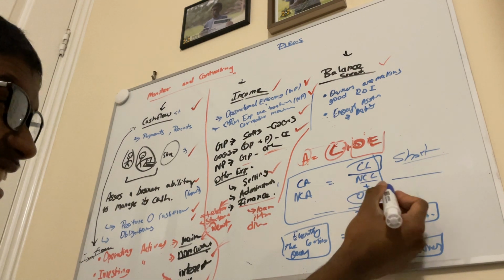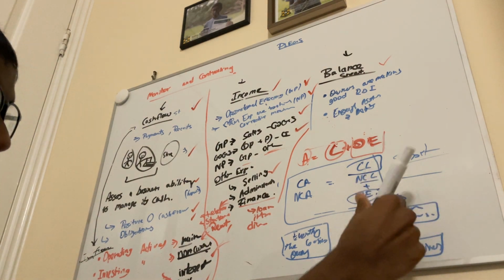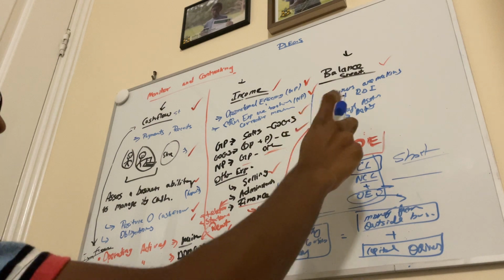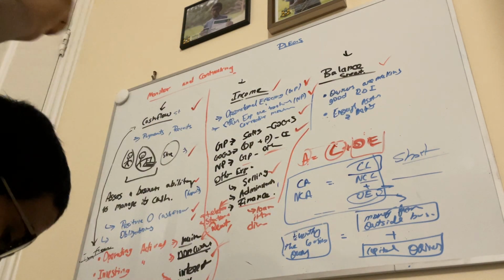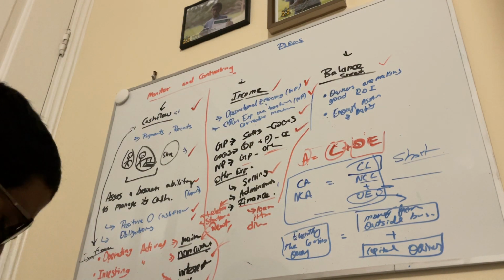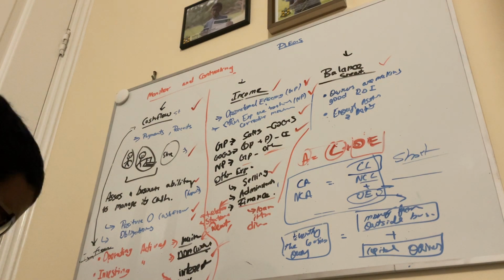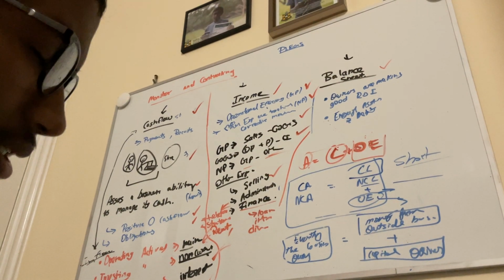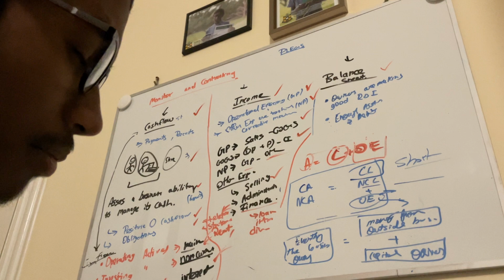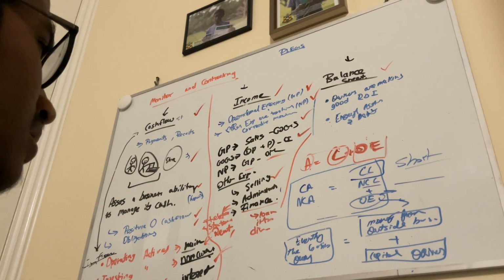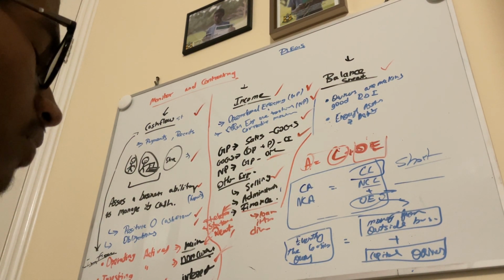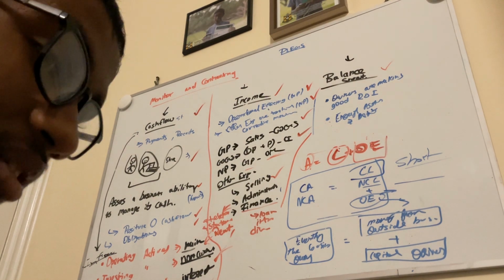Owner's equity, capital invested by the owner, retained profit. Easy money. Now, what does the balance sheet highlight? After seeing all this, it should be easy to see that the balance sheet highlights whether the owners are making a good return on investment.